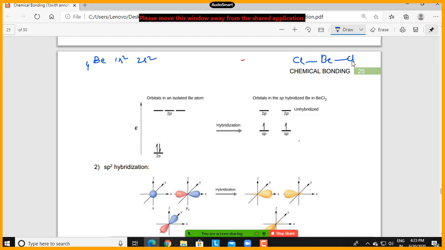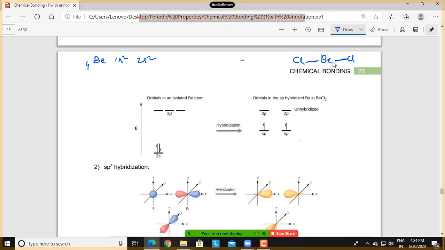So in beryllium dichloride, it makes 2 bonds. Beryllium makes 2 bonds means beryllium has to contain 2 unpaired electrons. If beryllium has 2 unpaired electrons, then it can make bonds with chlorine atoms. Isn't it? Tell me. Yes, sir.